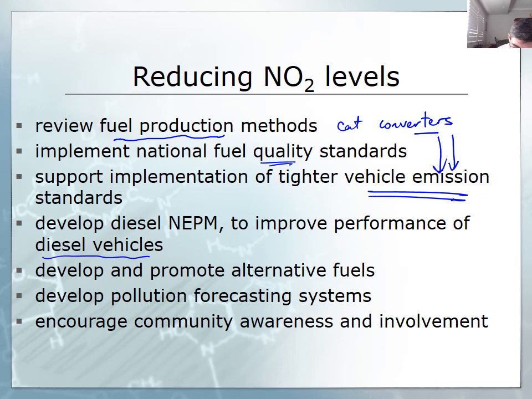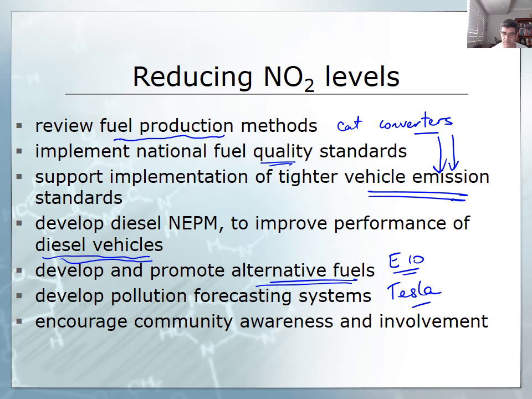So even though we've shifted from petrol to diesel engines for some of our cars, they also have certain requirements on them. The agency will also develop and promote alternative fuels, and we've talked specifically about things like ethanol additives. But of course, we also have our Tesla cars, the electric vehicles, which are starting to become a little bit more common, a little bit more popular.